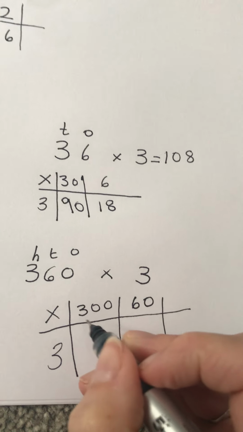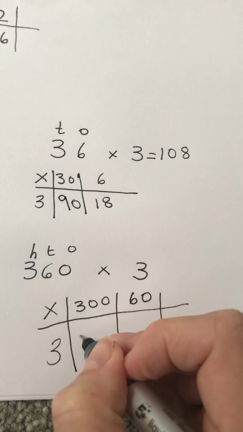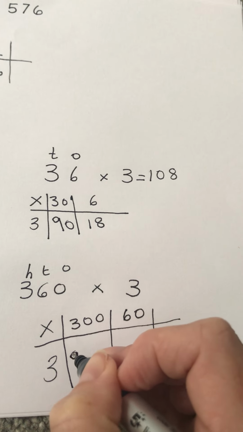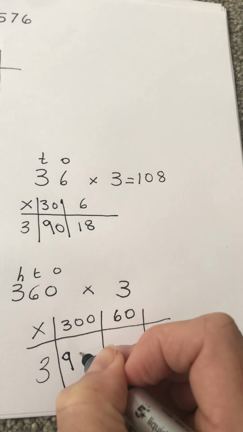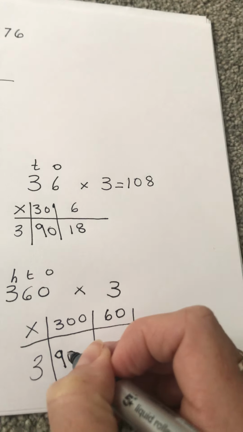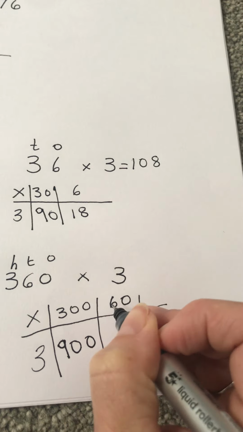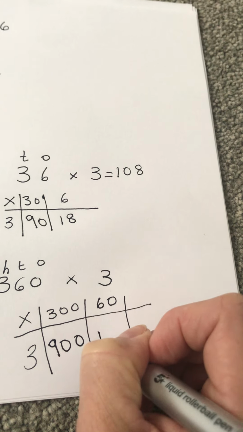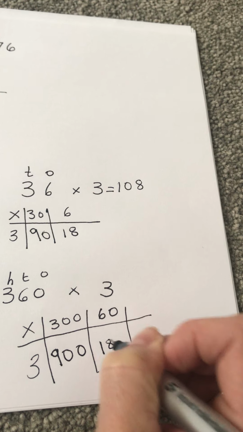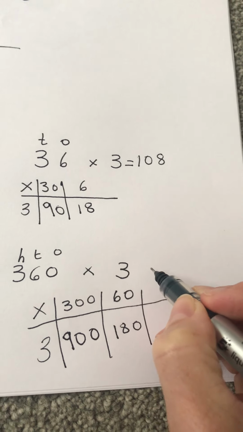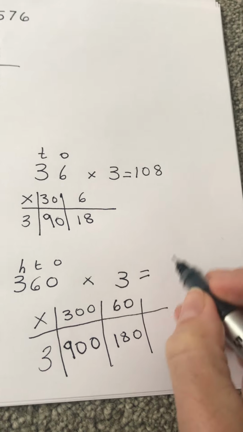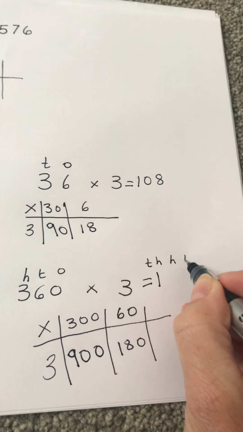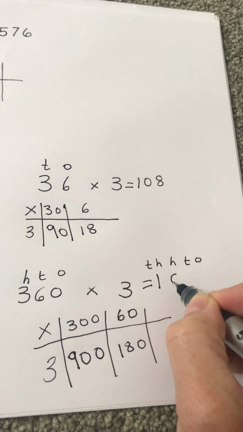So, right, so 3 times 3 is 9. 3 times 30 is 90. And then 3 times 300 is 900. 6 times 3, 18. But 60 times 3 is 180. Then I add that all together. That makes 1080.